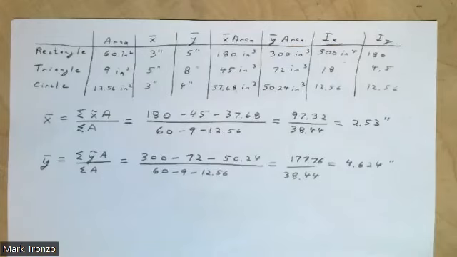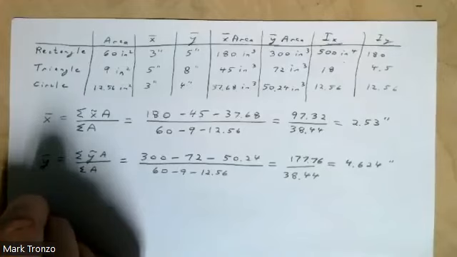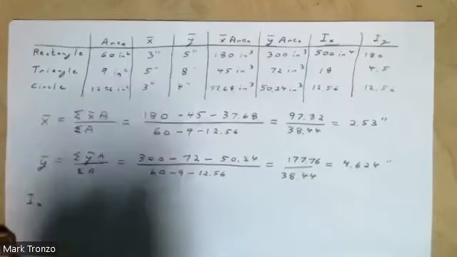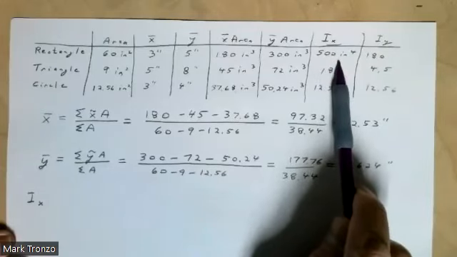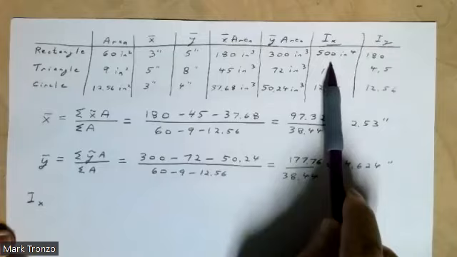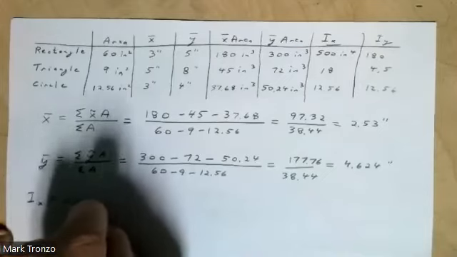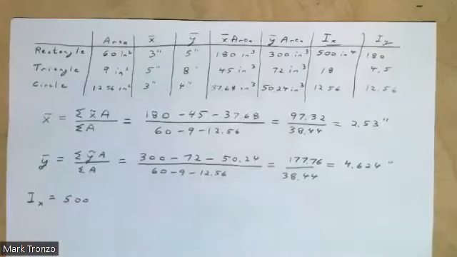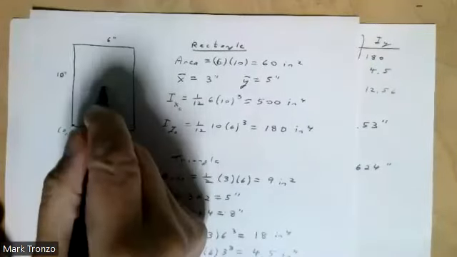And then we want the moment of inertia about the x-axis. So for the moment of inertia about the x-axis, we're going to take all the moments that we had. Let's start with the rectangle. The I of x was 500 inches to the fourth, but that centroid was away from the x-axis.